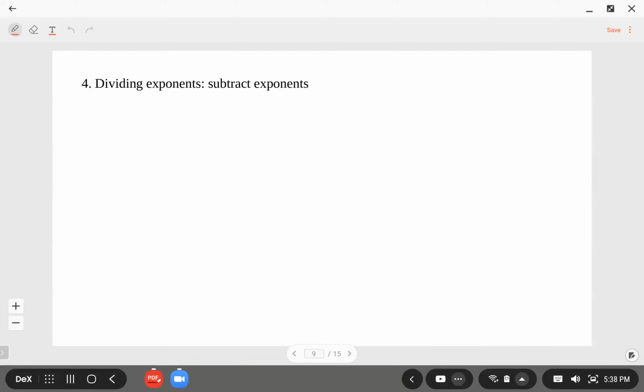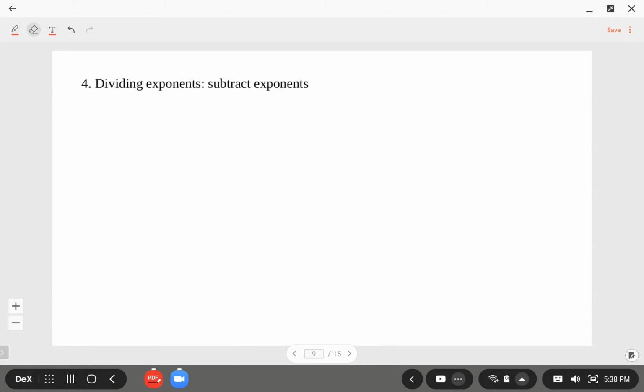You remember multiplying exponents, what do we do? We add exponents. But dividing exponents, what do we do? We subtract exponents. So a squared divided by a to the first would equal a to the first because 2 minus 1. So it's very straightforward.